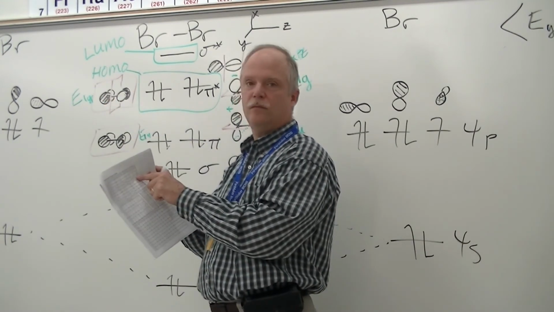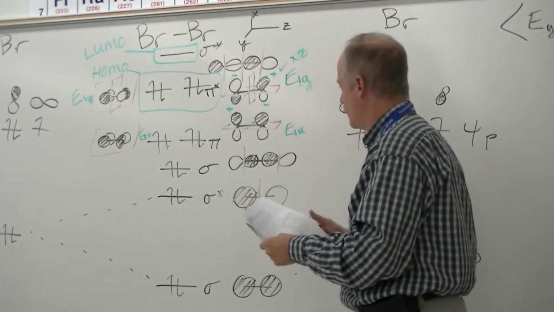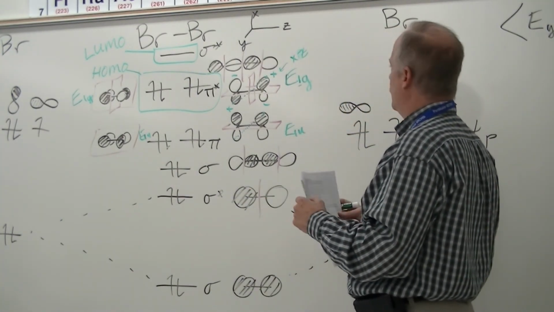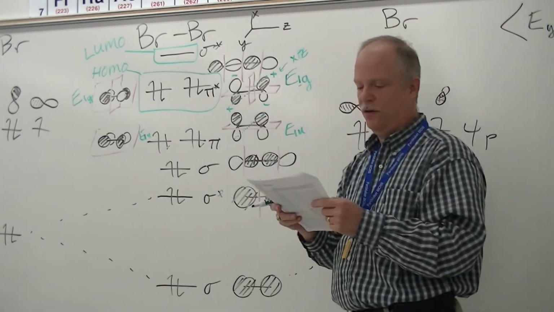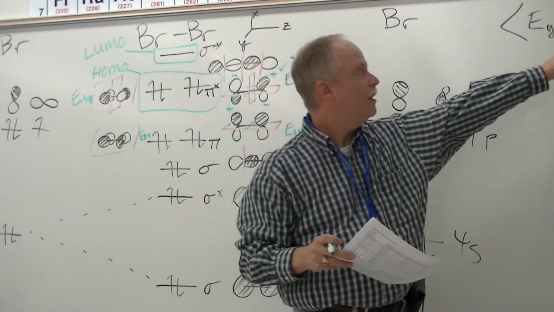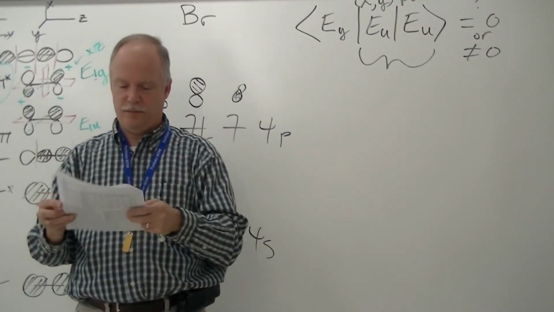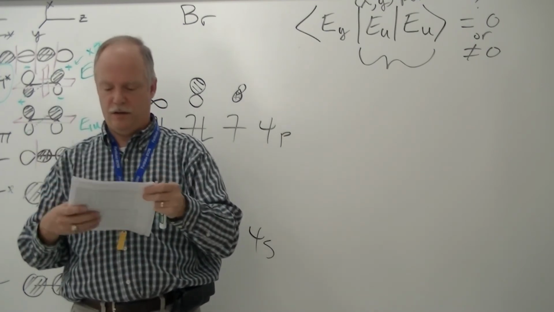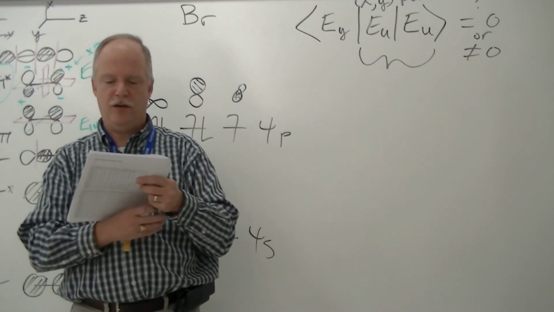Let's see that on the character table. Okay, so now we're up here, and we're going to have to figure out the direct product of these without the direct product table. This can be done. I would not do this to you, but it can be done. Okay. Look at the octahedral character table.